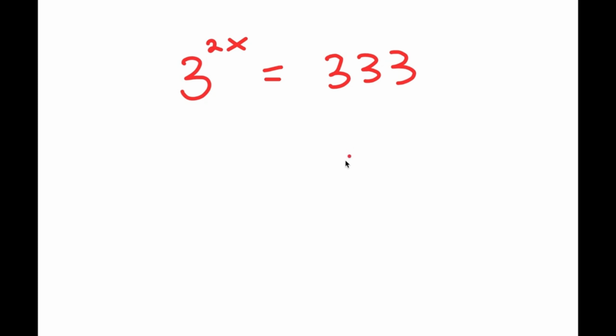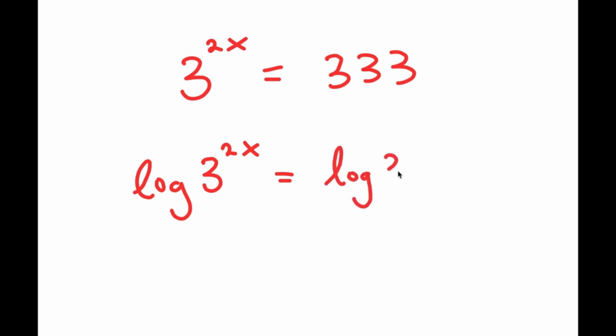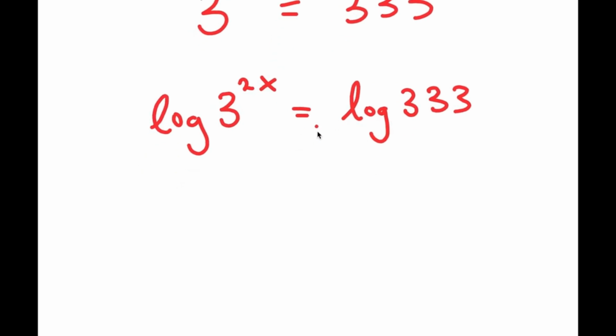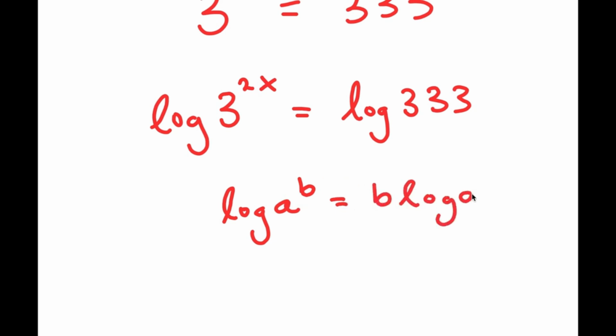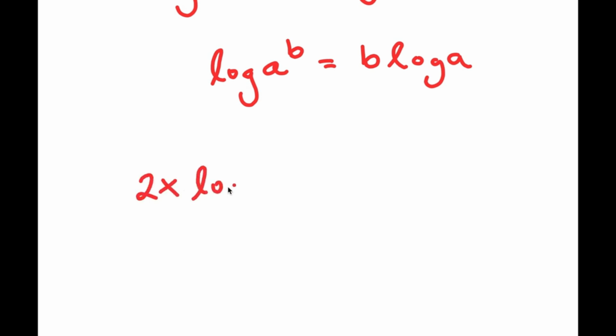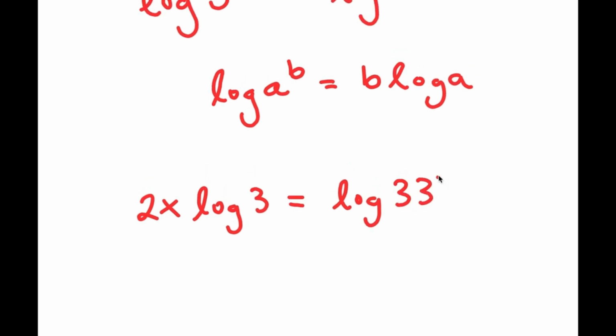Now what I'm going to bring into this equation are logarithms. And it's always useful to use logarithms when solving exponential equations because they're very helpful. And one of the reasons they're helpful is because they come with an important property that states that log a to the power b is equal to b times log a, meaning log 3 to the power of 2x, I can just move this 2x to the front, so I get 2x times log 3 is equal to log 333.